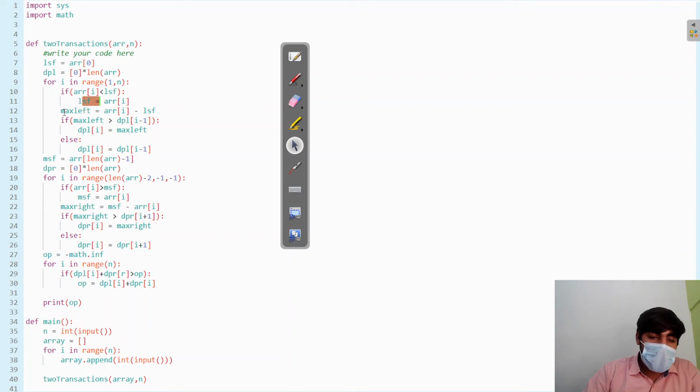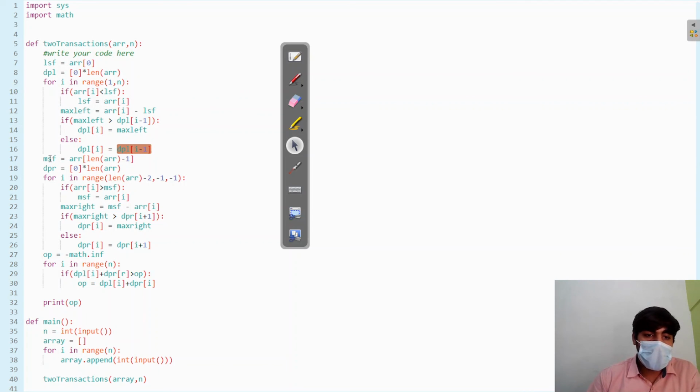Then I take max left, today price minus least so far. Then check if today's max profit is greater than the profit coming from the past, then we take it as it is. Otherwise, the previous max profit remains the same.